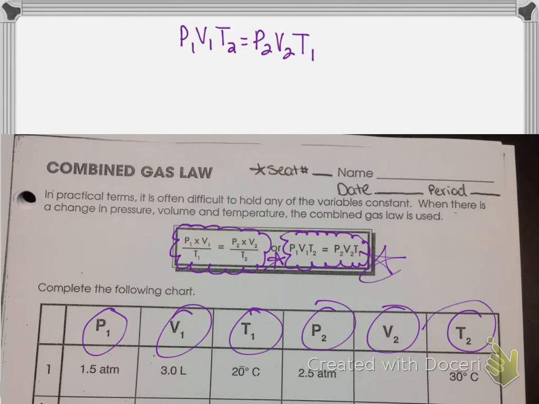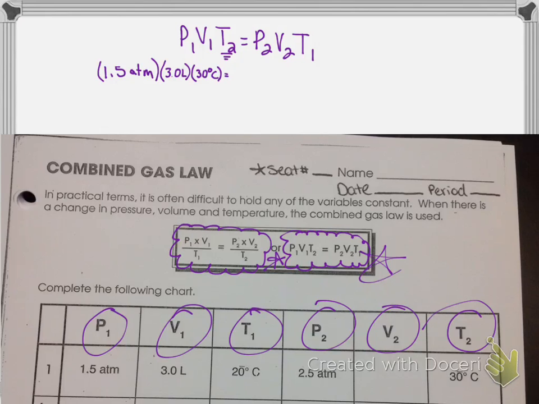So our P1 is 1.5 ATM. Our V1 is 3.0 liters. And remember to use your T2, not your T1, if you're using the multiplication formula. So our T2 is 30 degrees Celsius.